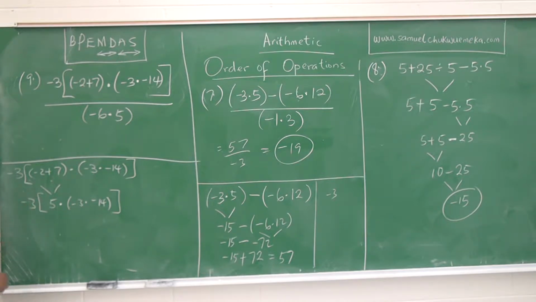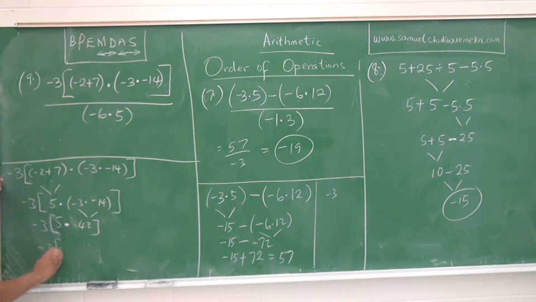Okay, so this is now 5 times 42, because this one is 42. 5 times 42, then times negative 3. So this will be negative 3, bracket.